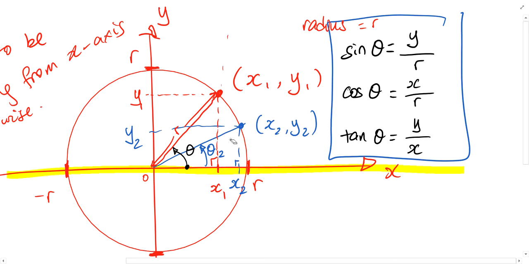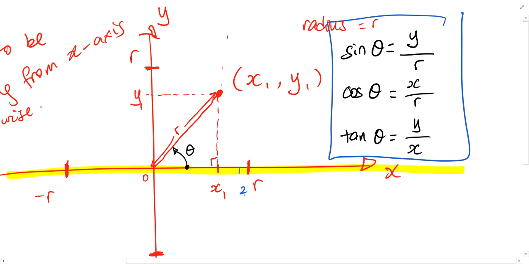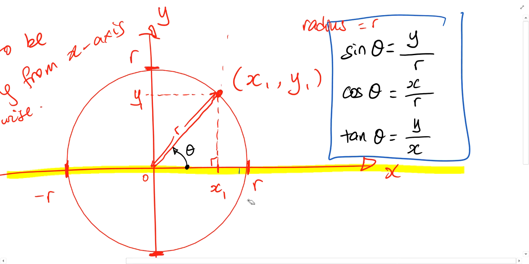Let us use the red one. Okay, so here in red, we have theta 1 so far.